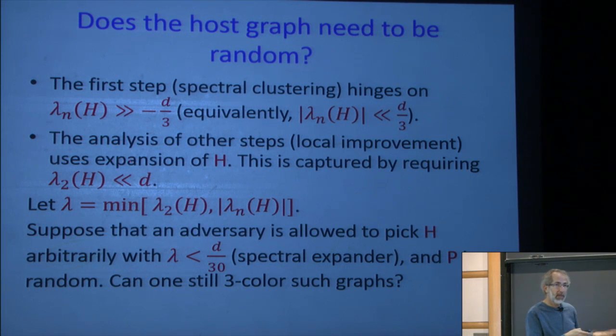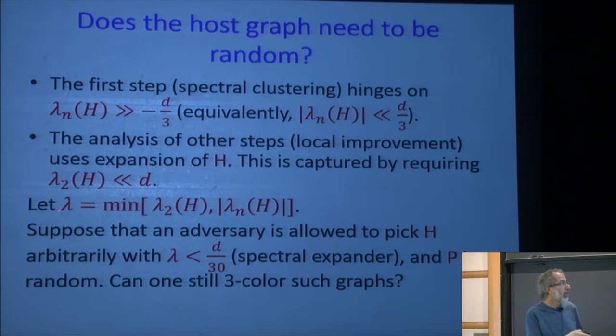After you plant the coloring, there is such an eigenvalue. So this is what you use in the spectral approach. And the analysis of other steps uses expansion properties of the graph. I didn't show the analysis. And this is captured by requiring that the second largest eigenvalue of the host graph is much smaller than d.